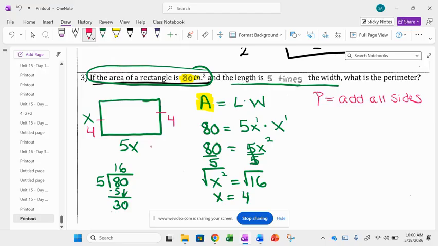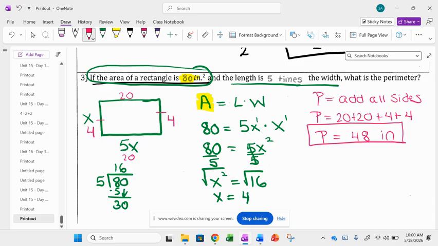If x is 4, what's 5x? 20. So if the bottom's 20, then the top is also 20. So our perimeter is going to be 20 plus 20 plus 4 plus 4. So our perimeter is going to be 48 inches.